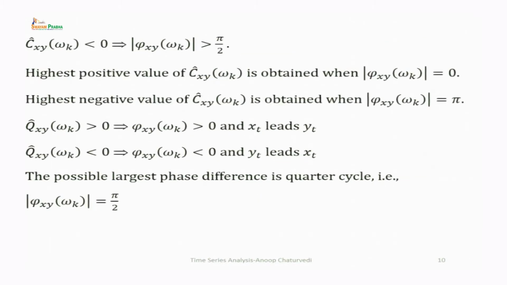And ĉ_xy(ω_k) is less than 0 when |φ_xy(ω_k)| is greater than π by 2. Then the highest positive value of ĉ_xy(ω_k) is obtained when |φ_xy(ω_k)| is equal to 0.